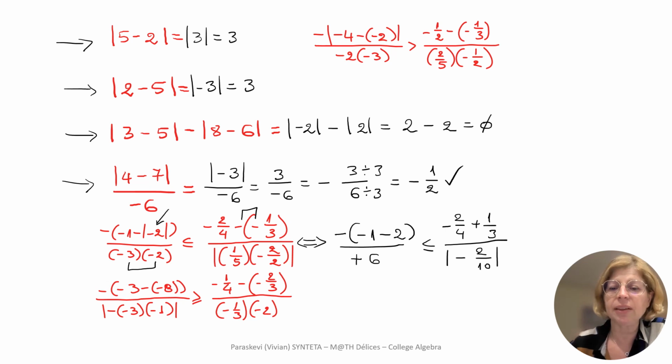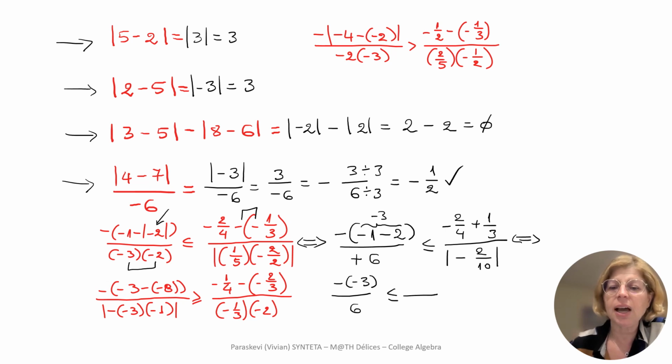I'll multiply the top and the bottom, and I will continue. So let me write down here, because I've got minus 1 and minus 2, that will give me a minus 3. So eventually minus of minus 3 on top and a 6 below.